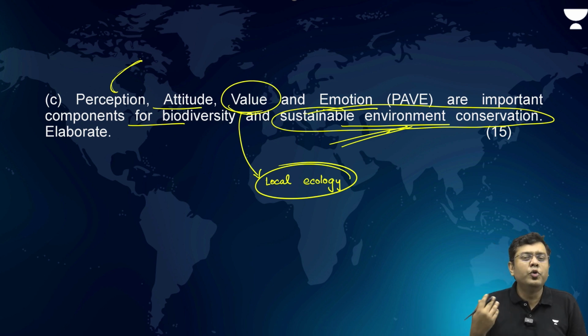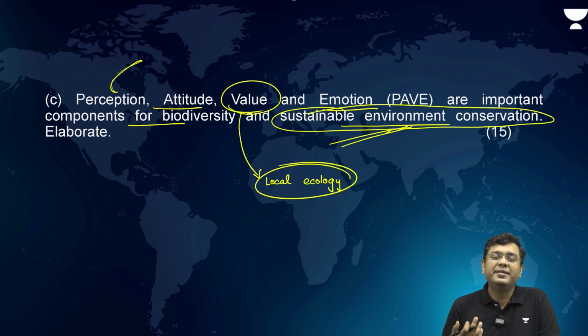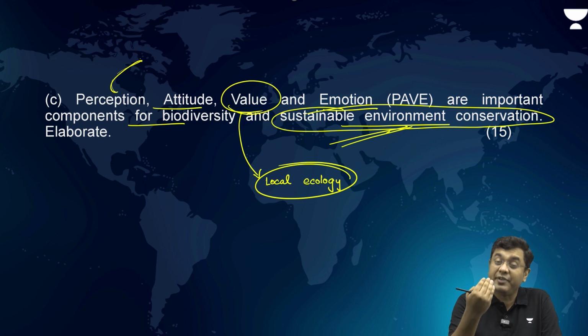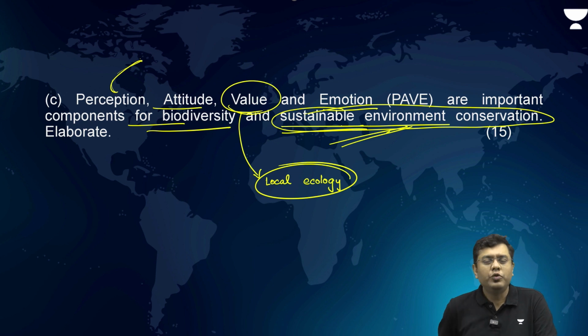And then the emotion associated with the ecology or the environment, that how it has been inherited by us and is an asset and a heritage that we have inherited. We have to protect it and pass it on to the next generation. So, it is all about sustainable conservation and how the preservation of biodiversity can be done.